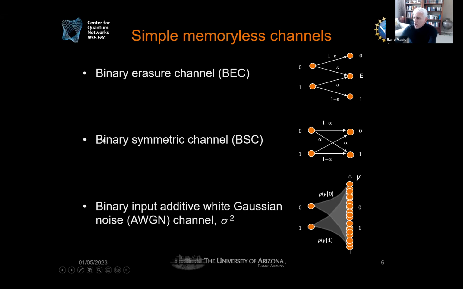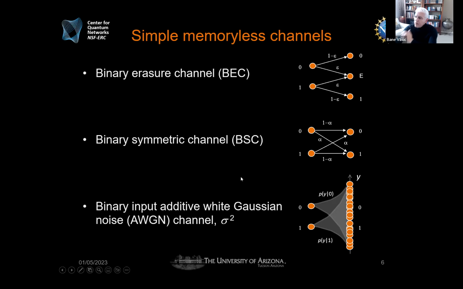The channel is called symmetric because it is the same probability that bit 0 is flipped to 1, or that bit 1 is flipped to 0. And it is binary because the inputs and outputs are binary.